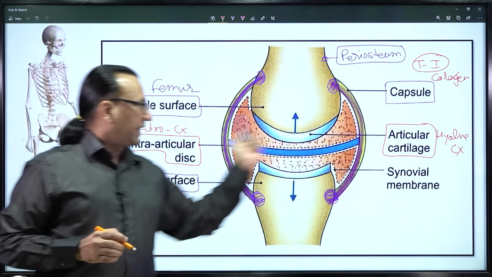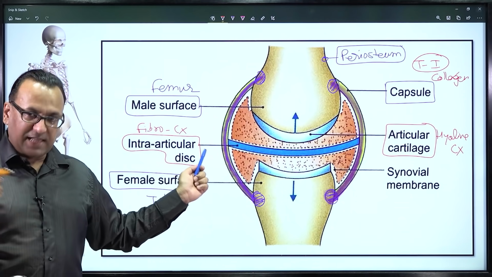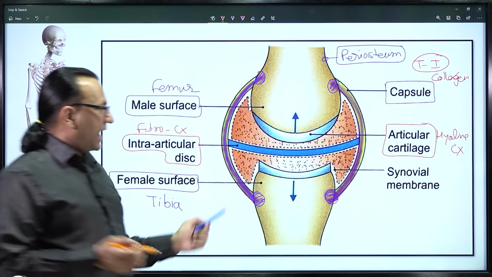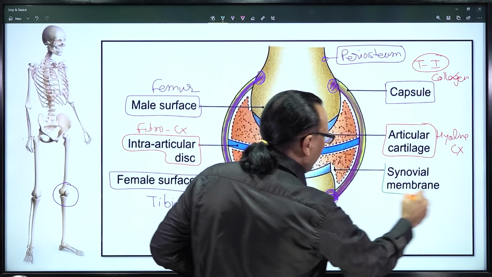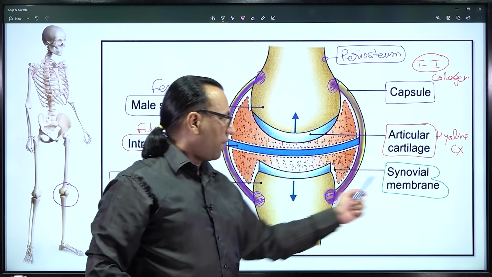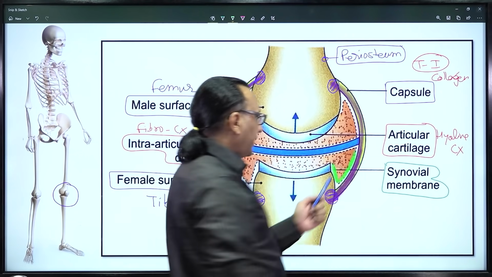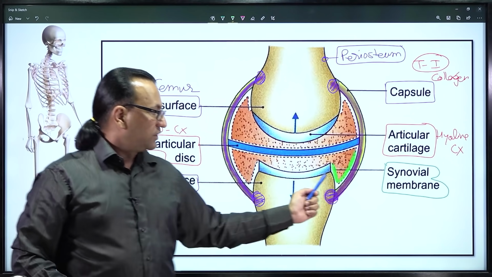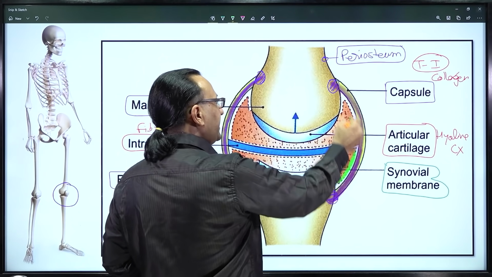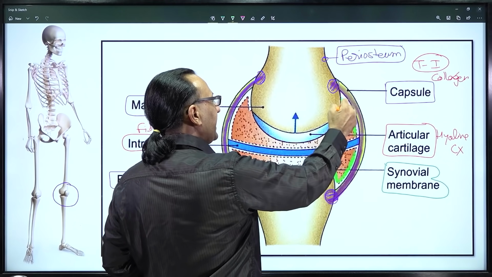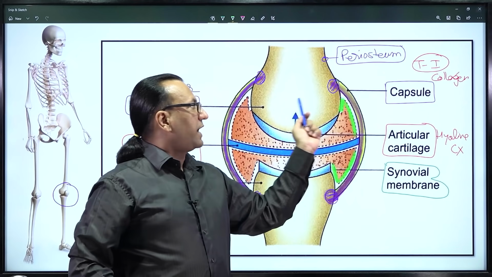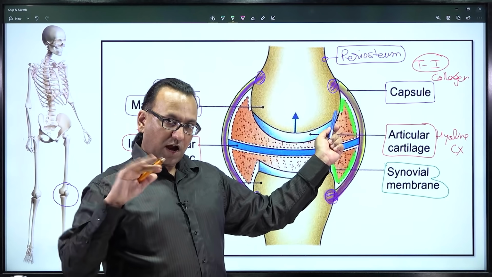Now, understand that the capsule on the inner side is lined by synovial membrane, and that synovial membrane is going to line the capsule from the inside, but then it does not line the articular surface. So, synovial membrane, which is lining the inner side of the capsule, will be lining the bone, but only to that level where you have non-articular surface.